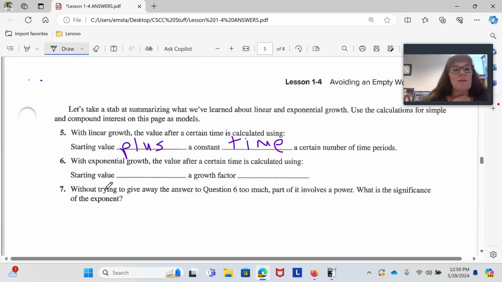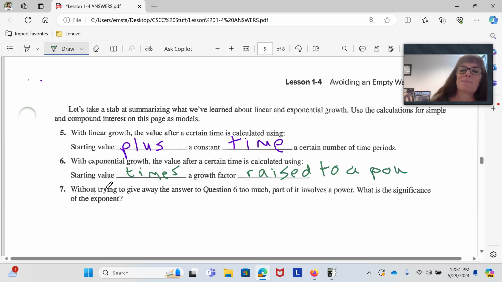Compound interest, or exponential growth, we take the starting value times a growth factor. Again, that growth factor is usually going to be 1 point something, depending on what your interest rate is. That growth factor will then be raised to a power. And that's why it grows so quickly.